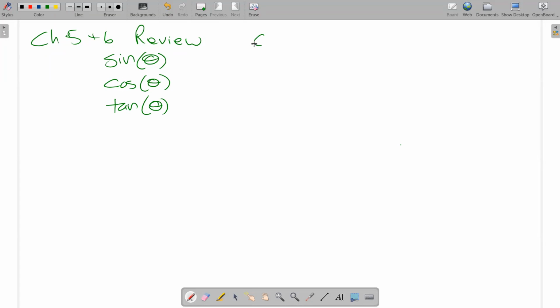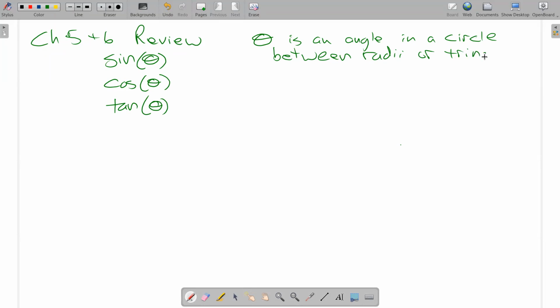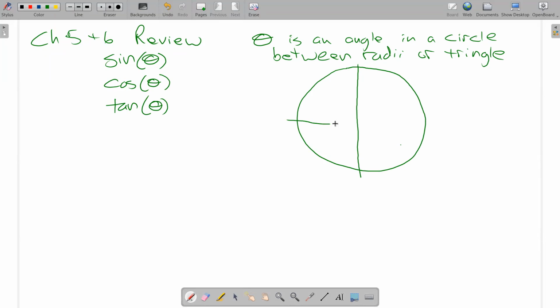And that angle theta, it's either within a circle between radii or from a triangle. So we'll take both perspectives here. And we'll get to the idea of an inverse trig function.